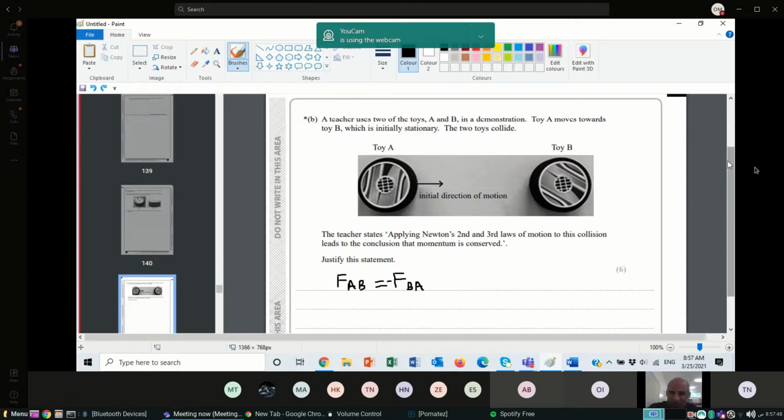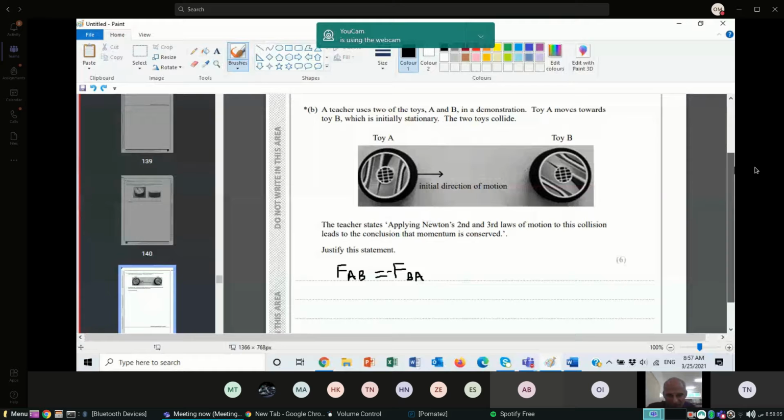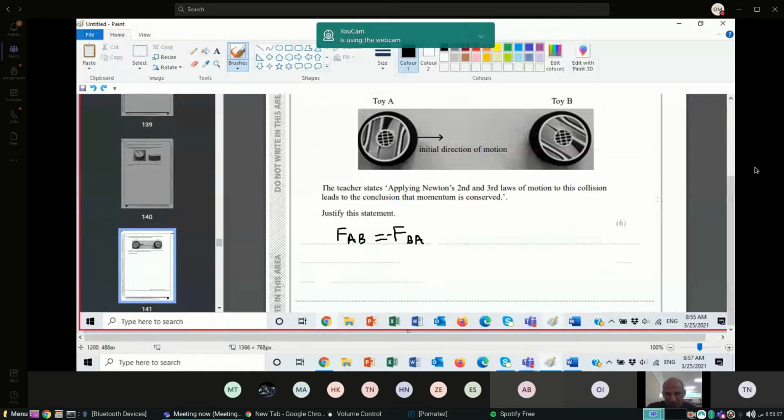It's not given that these two stick together. So they would try to use momentum conservation. But I am trying to do it differently because they are asking for Newton's second law and third law only. So let's do Newton's second law. F equals ma.